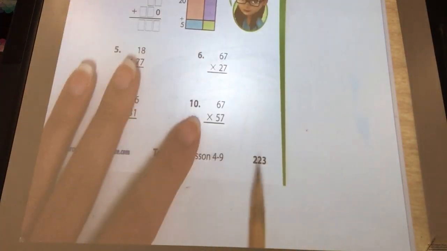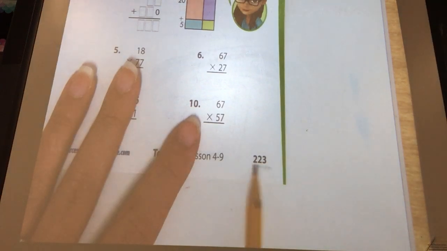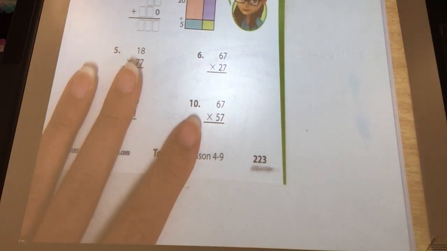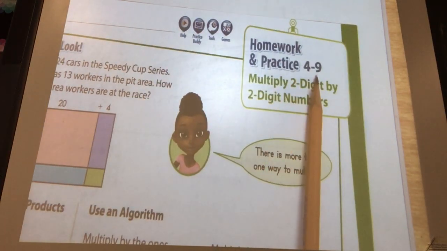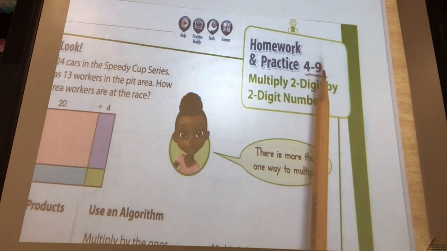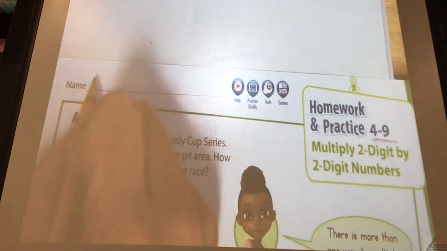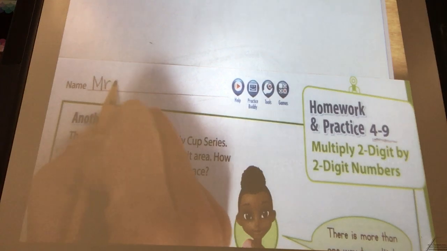223 is what I said. I wrote it 223. It is homework and practice 4.9. Put your name on it.